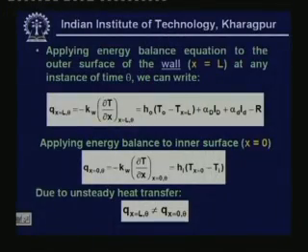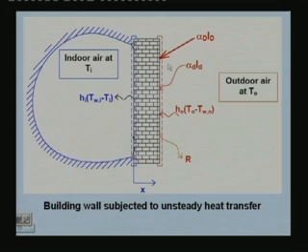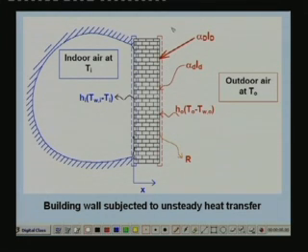Now we apply the energy balance equation to the outer surface of the wall at any instant of time theta. So this is your wall and this is the outer surface, shown by this dashed line. Since the surface does not have any mass, whatever energy enters the surface must leave the surface.